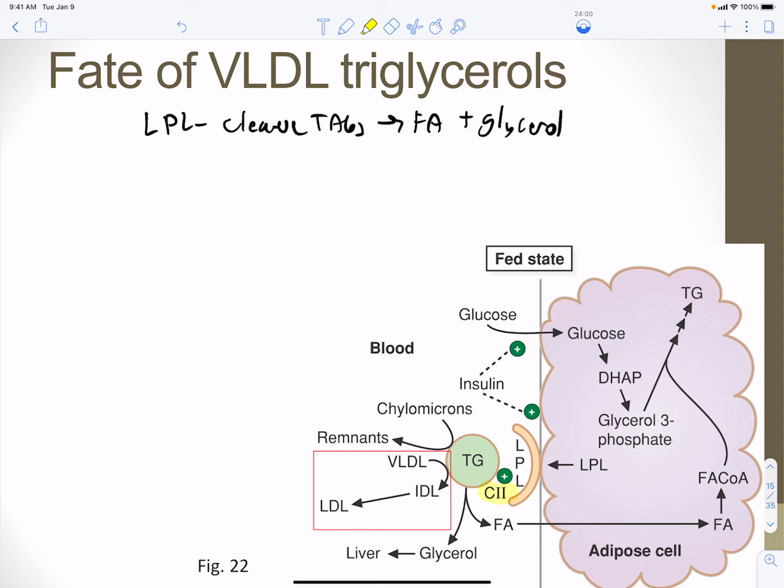Your muscle has a low Km with respect to lipoprotein lipase, so it likes to grab fatty acids. And then your products, again, you started with a very low density lipoprotein, and you get an intermediate density lipoprotein and a low density lipoprotein as the products of this interaction of taking the tags away from this.